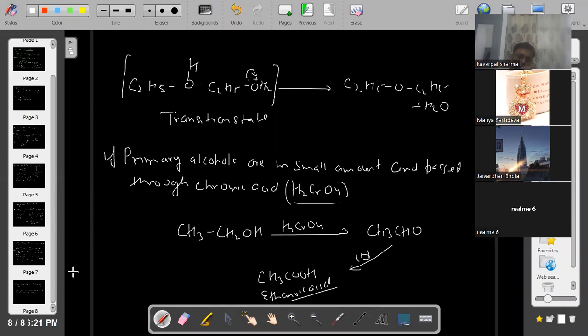If somebody asks you to convert ethanol to CH3COOH, in this case the reaction is applicable. You can apply these things and you will get this. Not only this, at 573 Kelvin oxidation takes place. You can take KMnO4, you can take potassium dichromate. Lots of oxidizing agents you can use here.